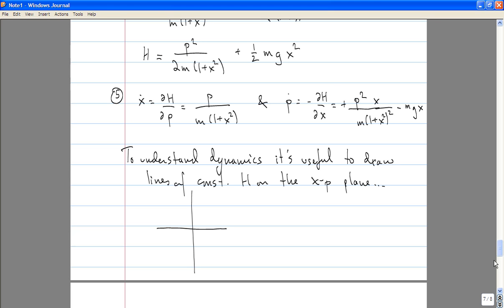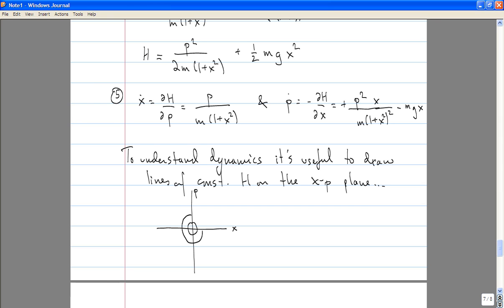So here, if I let x be the horizontal axis and p be the vertical axis, then what do the lines of constant H look like? Well, near x equals 0, the Hamiltonian looks like a constant times p squared plus a constant times x squared. So we'll just have ellipses. There'll be some sort of ellipses like that.